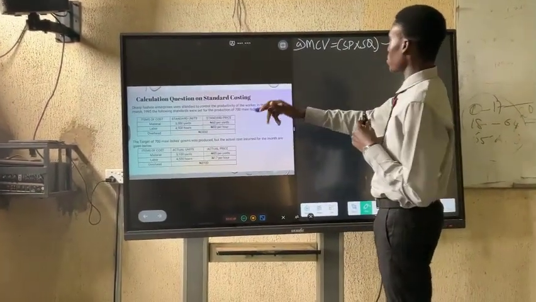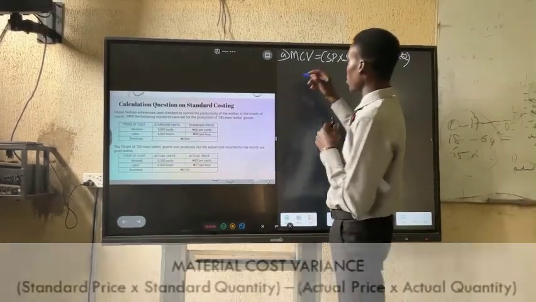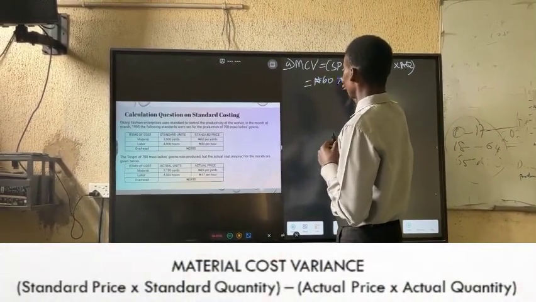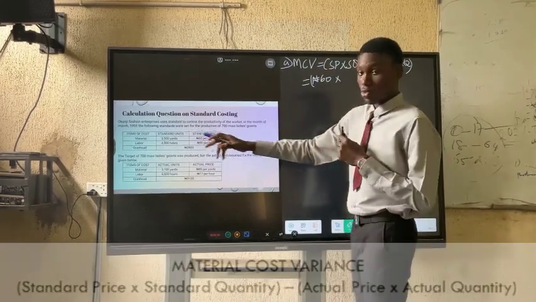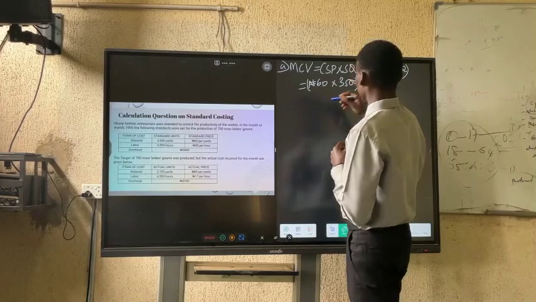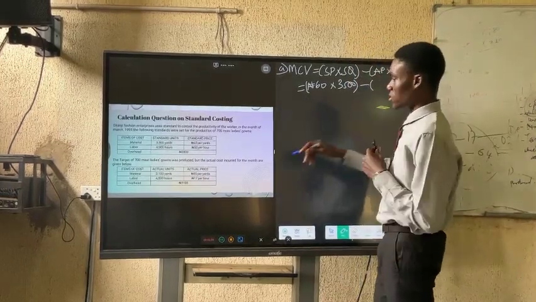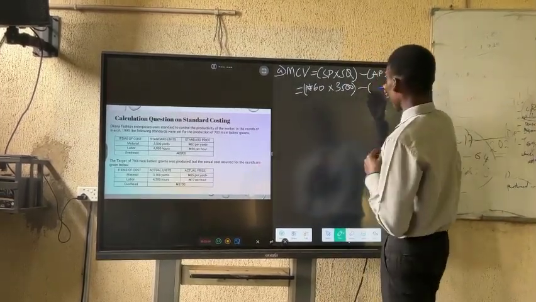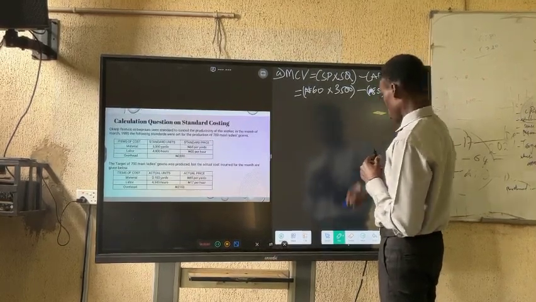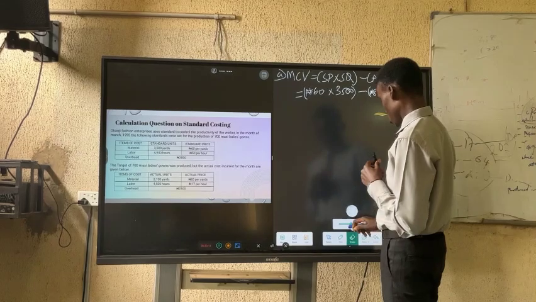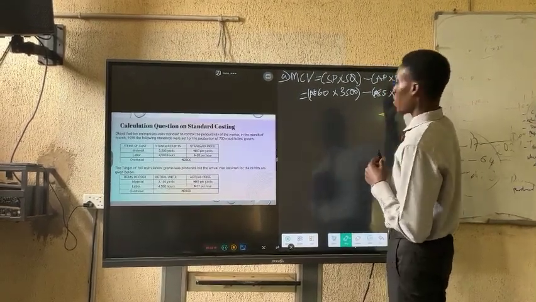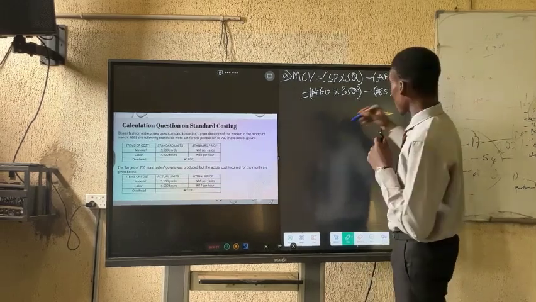Under material, our standard price is 16 naira per yard, times our standard quantity, which is 3,500. That is 210,000. Minus our actual price, which is 85 naira per yard, times our actual quantity, which is 3,100 yards.